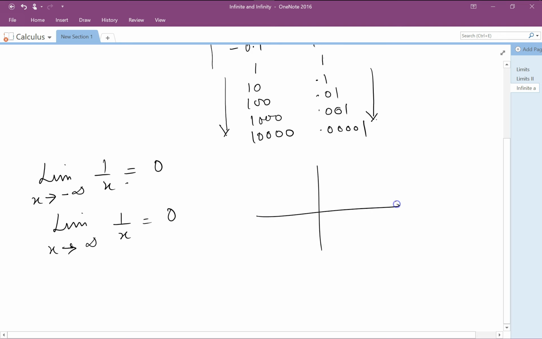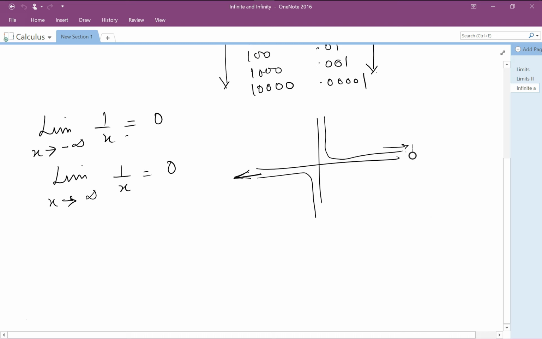So remember, the graph is like this. It goes like this and it goes like this. Not like a rectangle kind of thing, but get the idea. As it goes smaller and smaller, f of x becomes closer and closer to 0. Similarly, as it gets larger and larger, y gets closer and closer to 0.